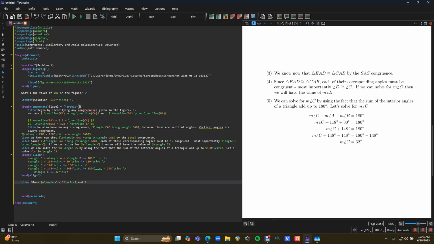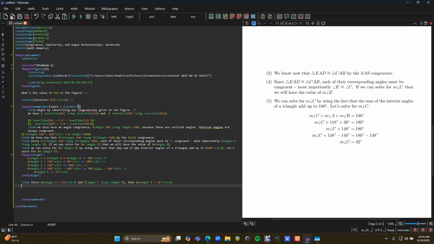I'll just say since they're congruent, angle C is congruent to angle E, then the measure of angle E must equal 32 degrees.